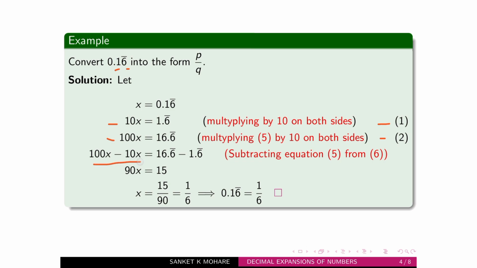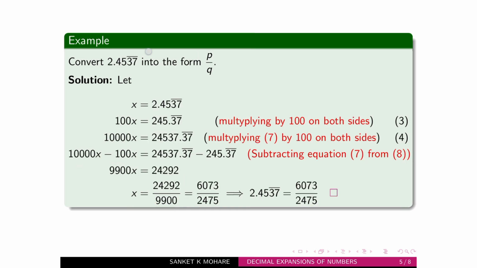So 100x minus 10x is 90x. On the right, 6 bar minus 6 bar is 0, and 16 minus 1 is 15. So x is equal to 15 upon 90. Now 15 ones are 15, 15 sixes are 90. So x is equal to 1 by 6. What did we assume x to be? 0.16 bar. So therefore the decimal number 0.16 bar is equal to 1 by 6, which is the required answer.